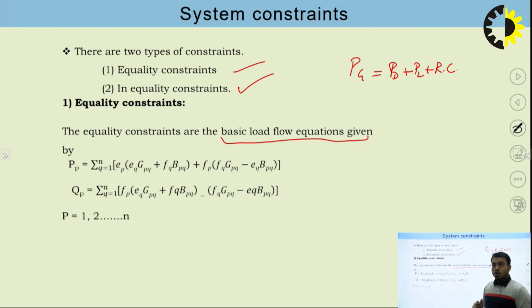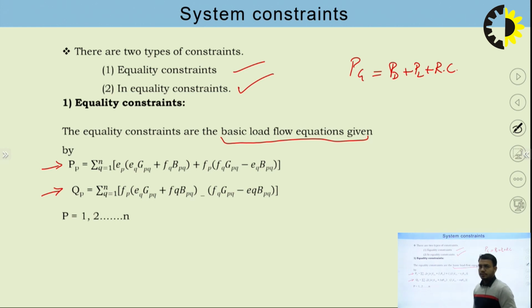Now, you must have studied the load flow equation when you studied load flow analysis, LFA. There were several methods by which you can do the load flow analysis, just like the Gauss-Seidel method, the Newton-Raphson method, and the fast decoupled method. By those methods you can do the load flow analysis, but here we know that this is a load flow equation for real power and reactive power.